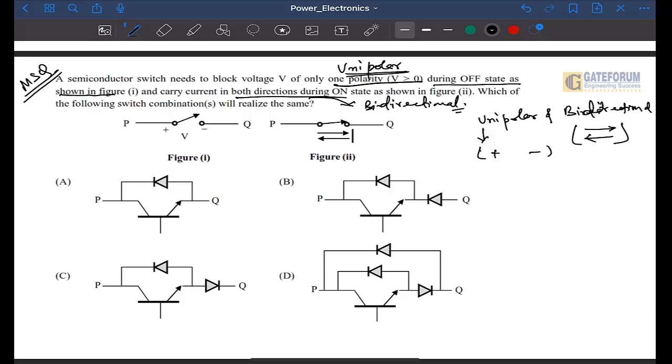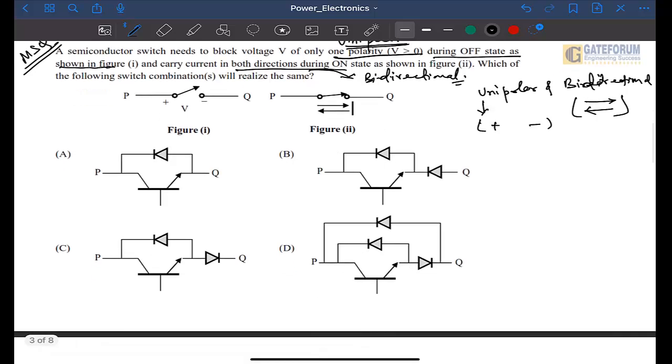Let's see. From option A we can see that in the off state voltage will be blocked only in this direction. Correct, so it is unipolar. And in which direction will current be carried? If the BJT is on, current will be carried this way.